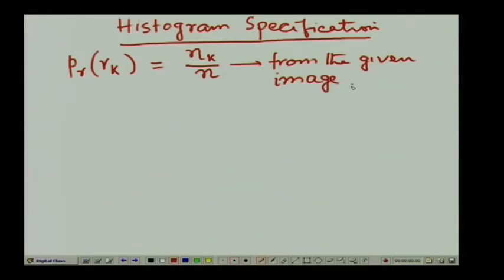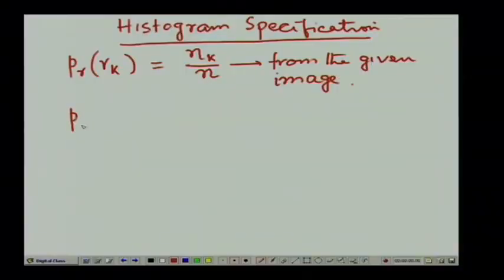And we have a target histogram which is specified, so that our processed image will have a histogram almost close to the target histogram, and the target histogram is specified in the form p_z(z_k).